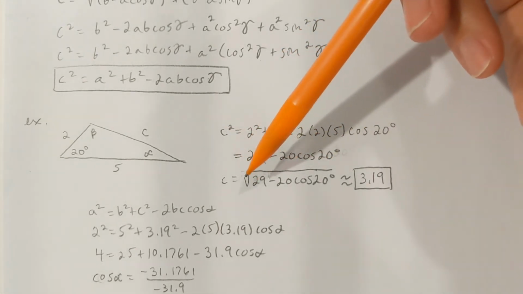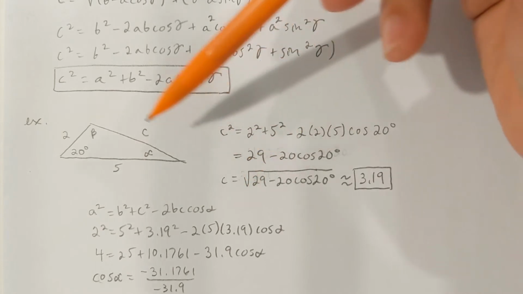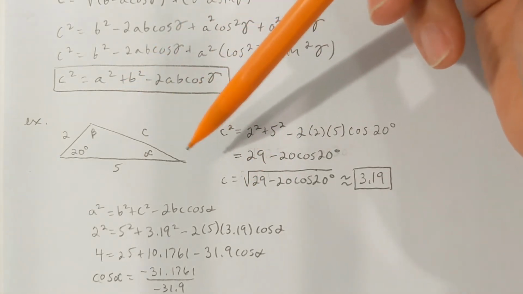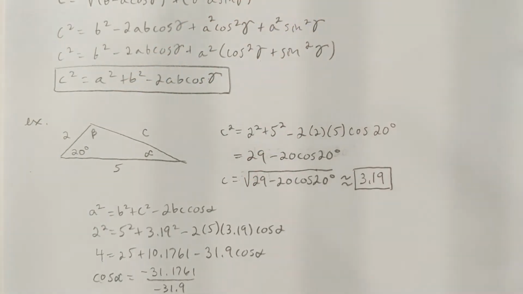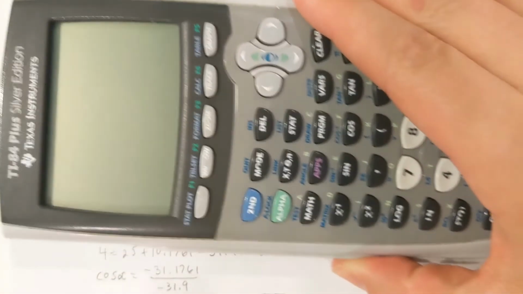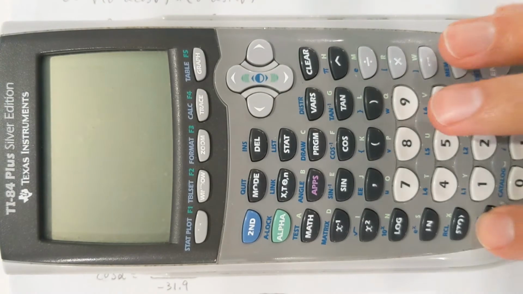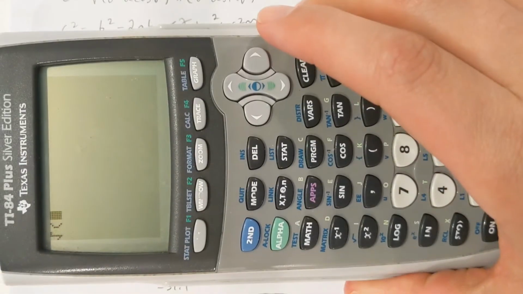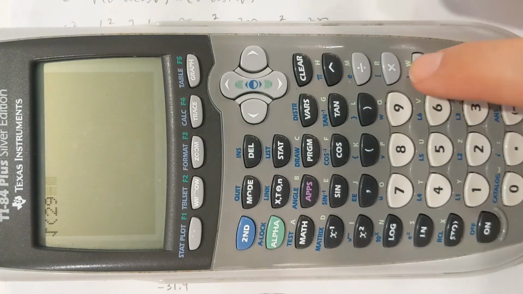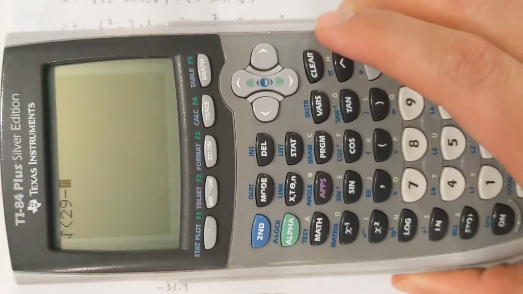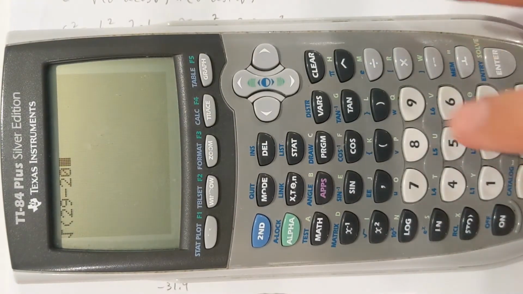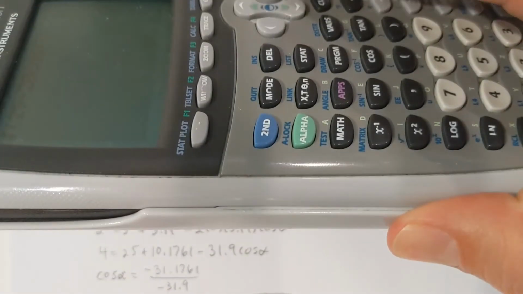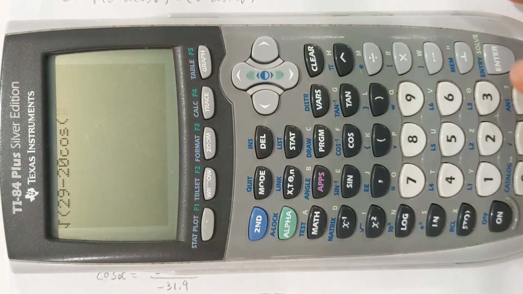Of course, you can disregard the plus or minus here since we're talking about distance. That can't be negative. And then go to the calculator. And like all these other problems, make sure that you're in degree measure for what we're doing. And we want the square root of 29 minus 20 times cosine of 20 degrees.